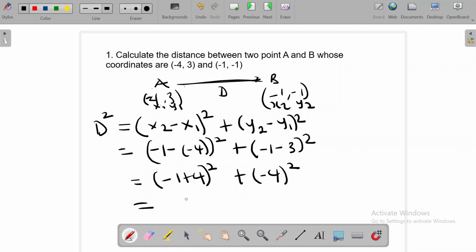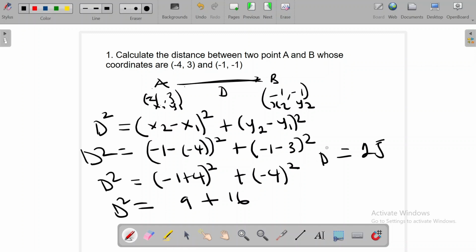So this can become 9, which is negative 1 plus 4 gives you 3, 3 squared gives you 9, plus negative 4 squared gives you 16. This is d squared, and I'll end up with 25. So d squared is equal to 25. So d is going to become, taking the square root of both sides, 5 units.